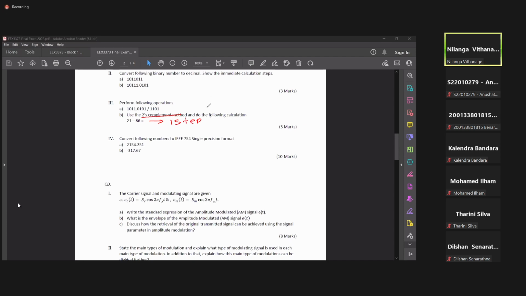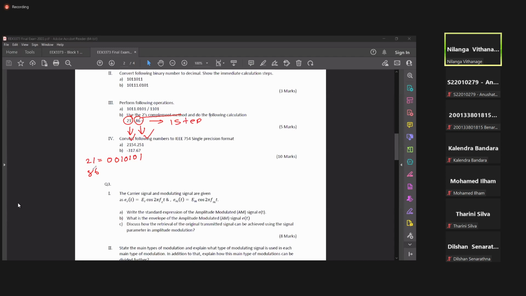Actually, that is not the first step. Let's say it is the 0th step. You have to convert this one and this one into binary numbers, right? So if you convert this one, I think you know how to convert, right? So you have to use the correct method and convert these two numbers. If you convert this number 21, it is I think 0010101 or something. Yeah. So 86.